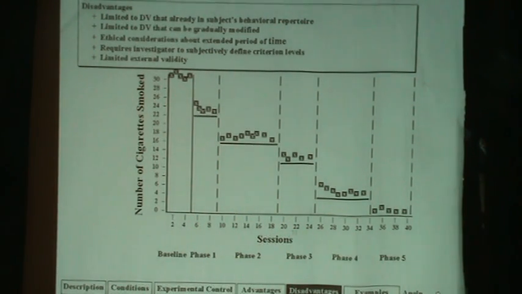This took 40 sessions, and if it were days, it would be 40 days. Another disadvantage is it requires the investigator or the researcher to subjectively define criterion levels. And finally, like any single case design, it has limited external validity.